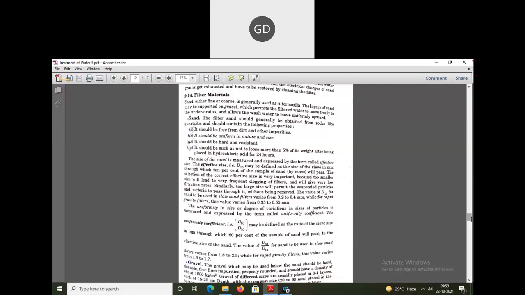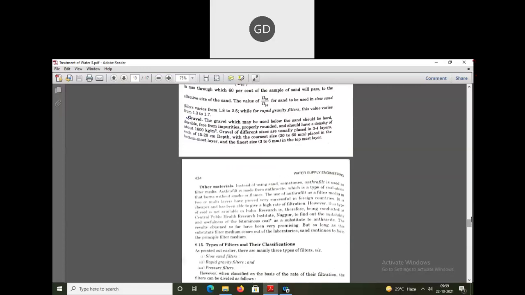It should not lose more than 5% of its weight after being placed in hydrochloric acid for 24 hours. These are the four properties of a sand that is used in filter media.